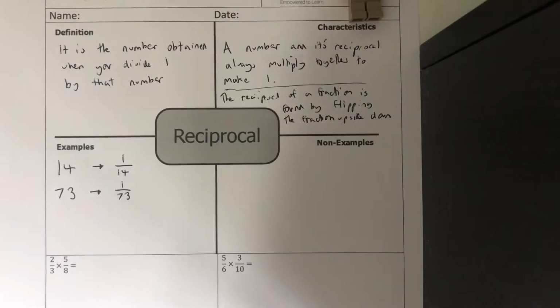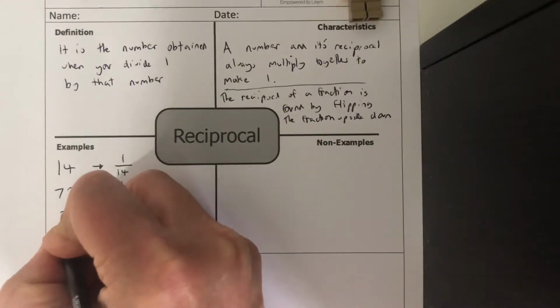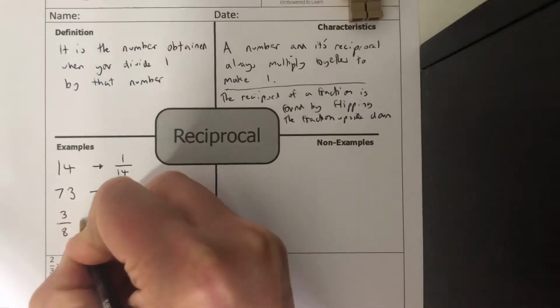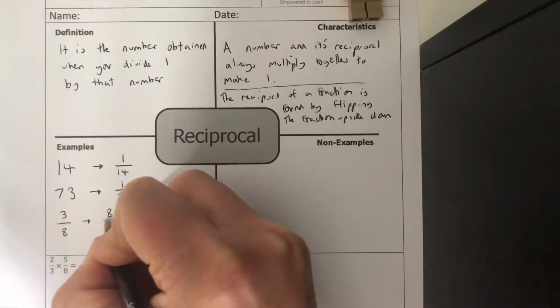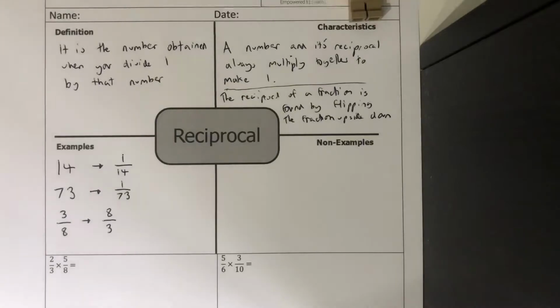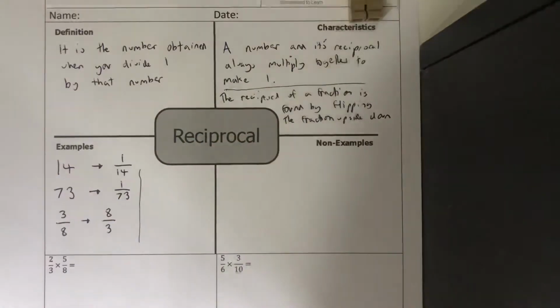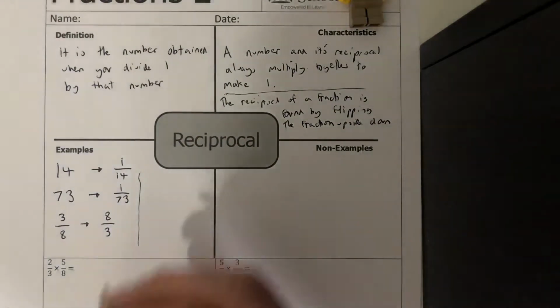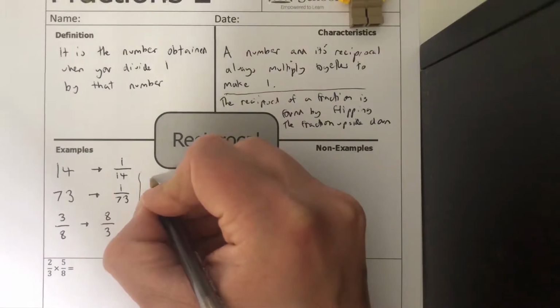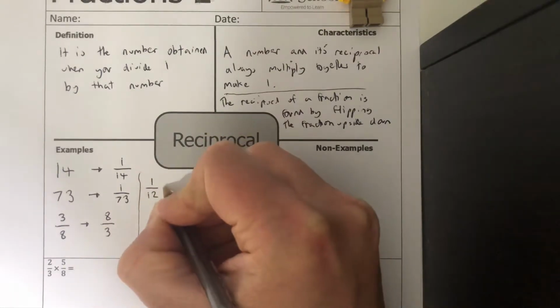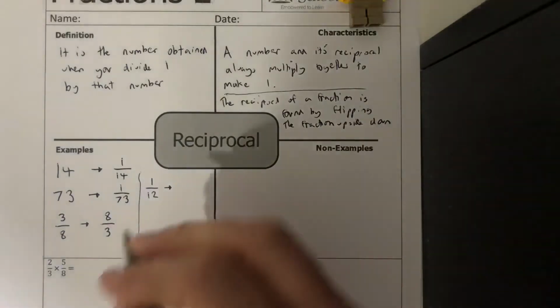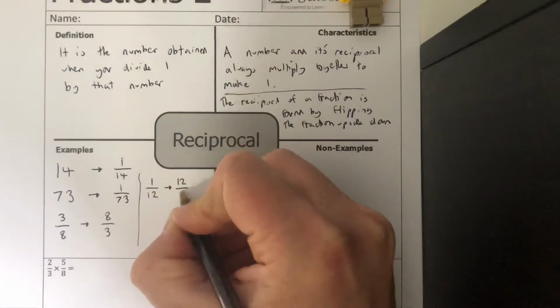If you have a fraction, for example 3 over 8, the reciprocal would be 8 over 3. All you do is flip it upside down. It doesn't matter what that fraction is. A couple more: if you had 1 over 12, flipping it upside down you'd get 12 over 1.